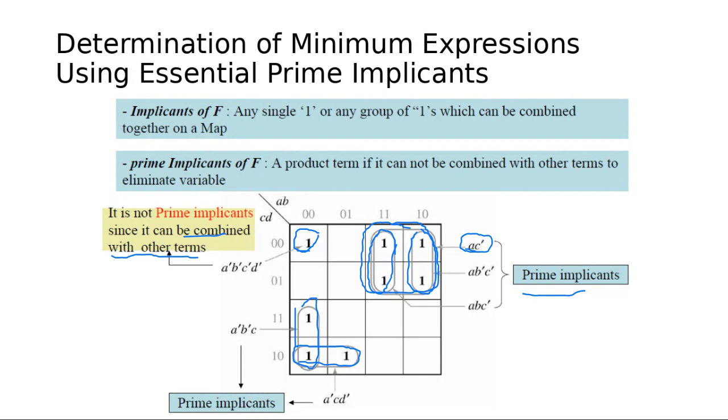It is not combined with other terms because we already have this square and this square. If we use this square, this one and this one, two variables will not be prime implicants, and it will be a problem. It will not be the simplest solution.